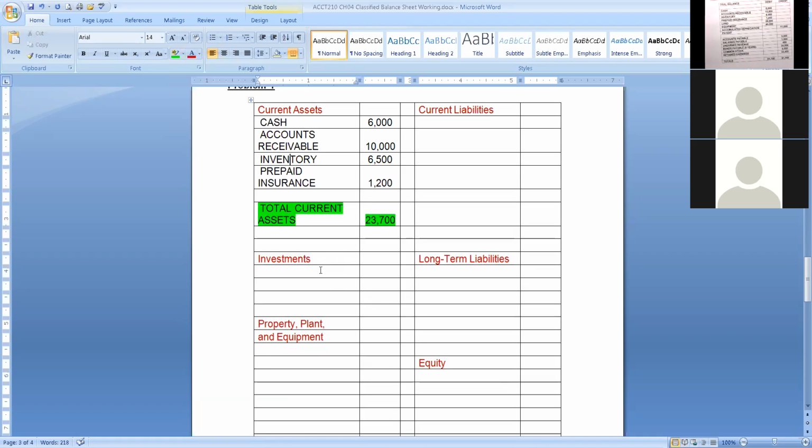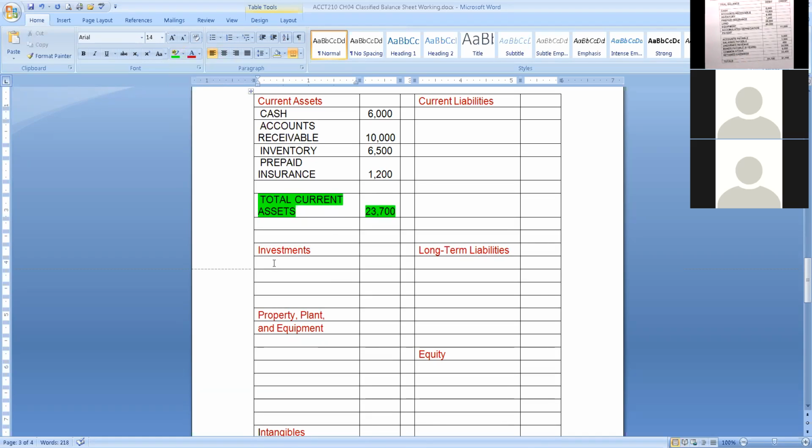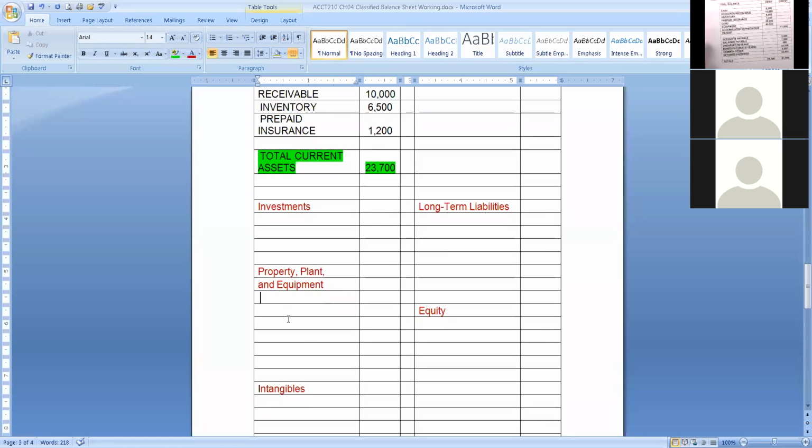Investments, long-term investments. I don't think we have any. Next is property, plant, and equipment. This is where the land is going to go.